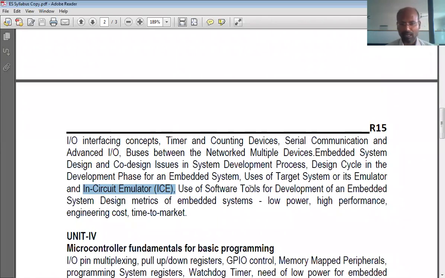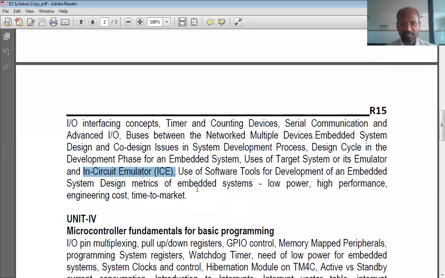Okay. And other considerations, other design metrics like low power, high performance, engineering cost, and time to market. Time to market is one of the main parameters that we have to keep in mind in embedded design and development in the embedded market.